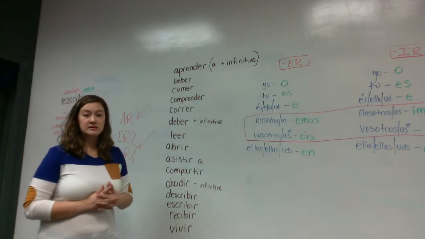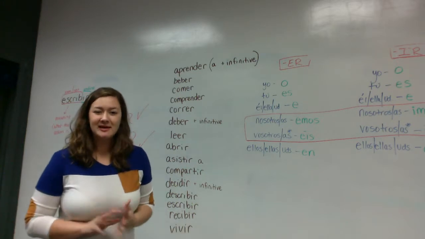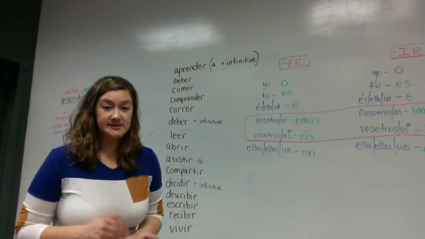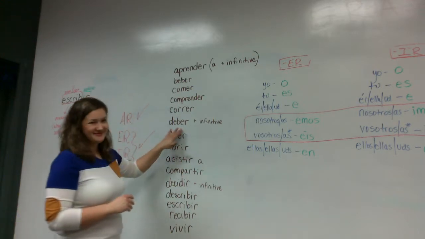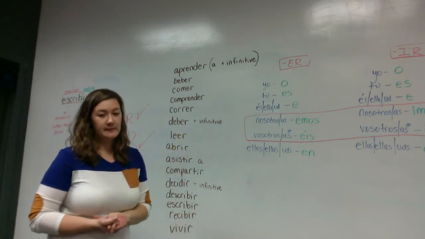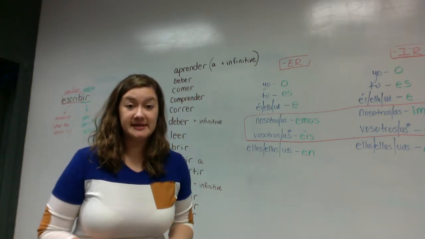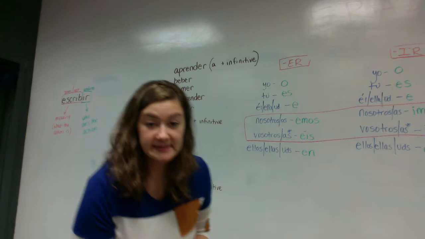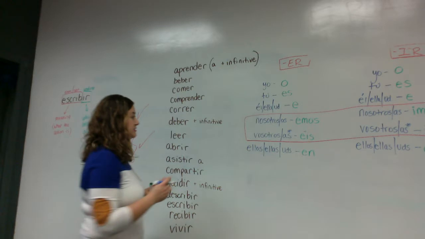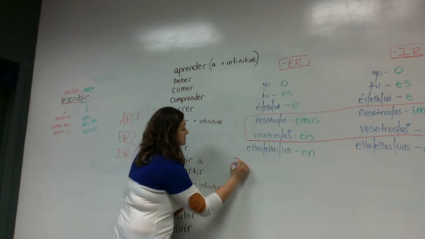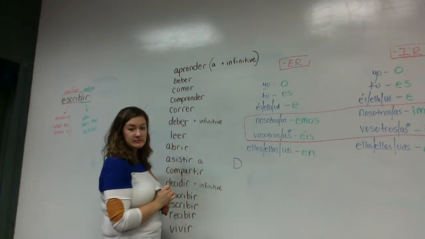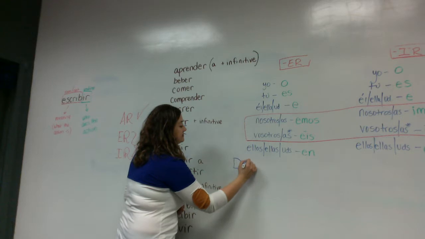Deber. Deber means should, but I like to call it to should, just like all of the other verbs that we've learned: to run, to dance, to sing, to talk. To should, if you may. So should plus an infinitive form. So I should study. And I'm going to write the sentence. So let's conjugate the verb together. I should. First I identify the verb itself, which is deber. I look at the ending. I know it's an ER ending verb. I identify my stem.